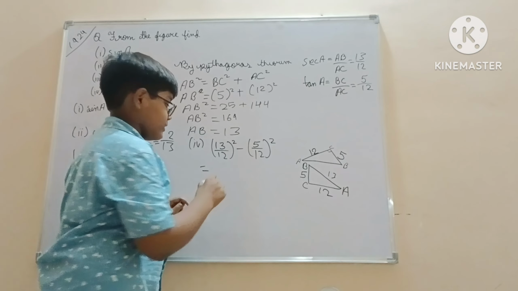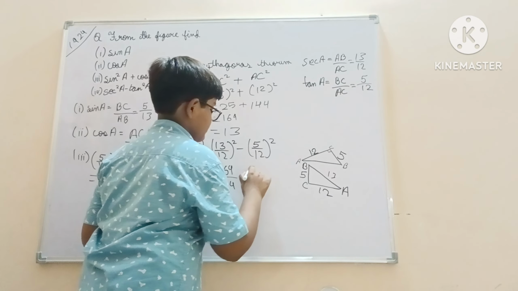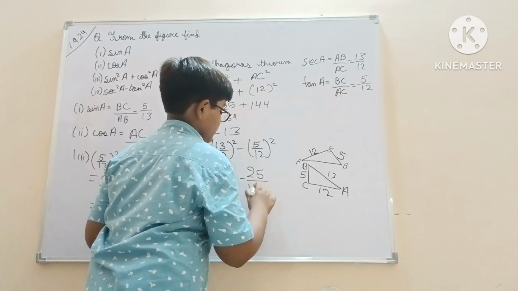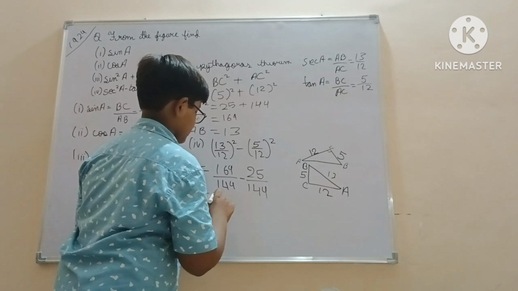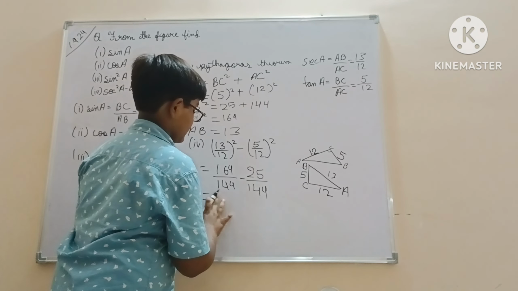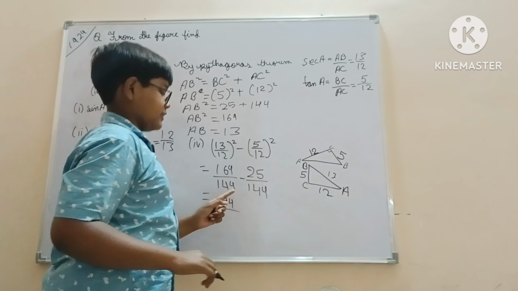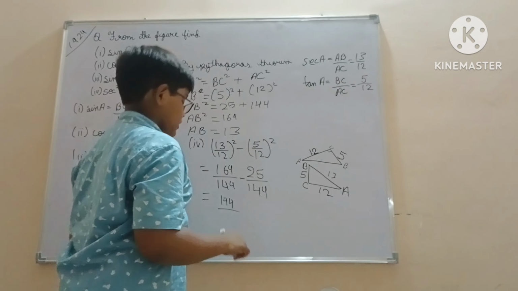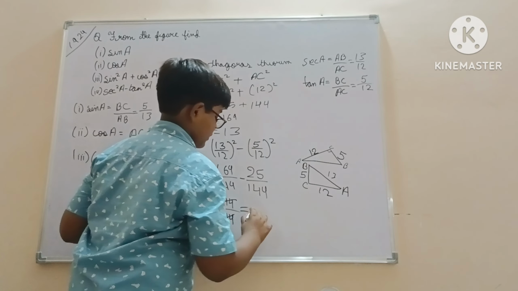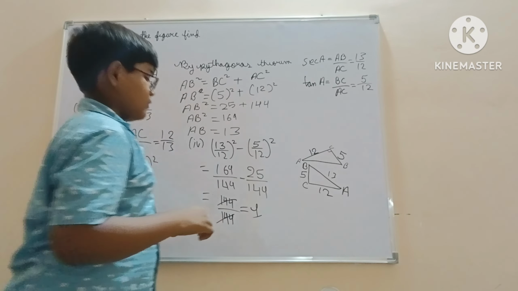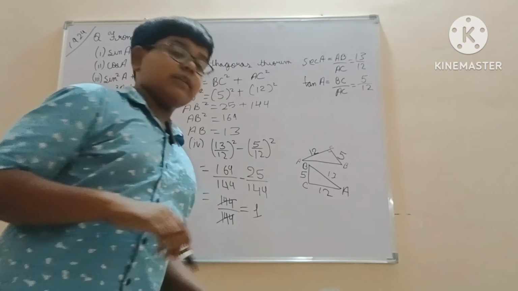So 13 square is 169, 12 square is 144, minus 5 square is 25, and again 12 square is 144. So 169 minus 25 gives us 144, and as the fractions are like fractions, the denominators are the same, so they will not be subtracted. We get our answer as 144 divided by 144, which when cancelled gives us the value 1.